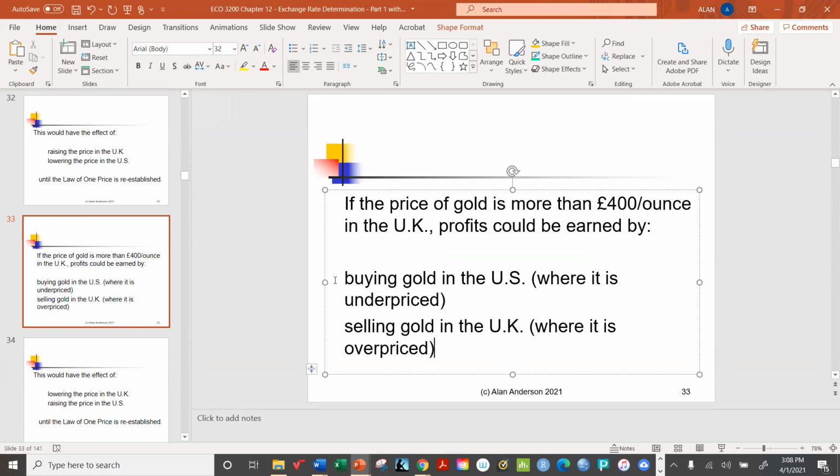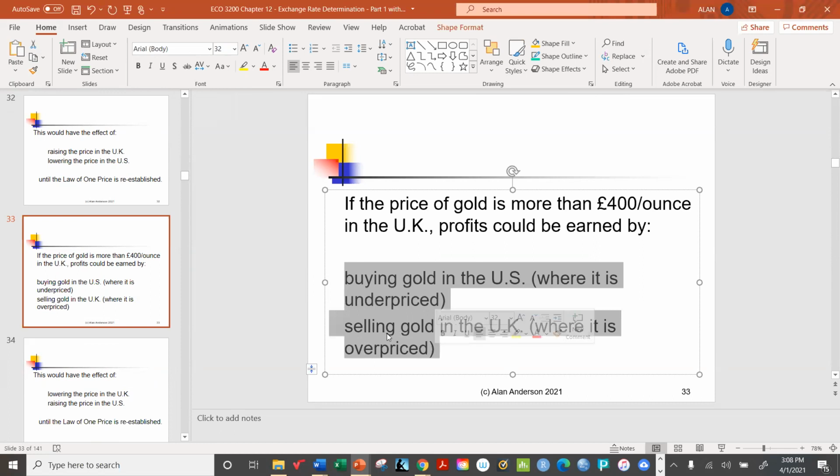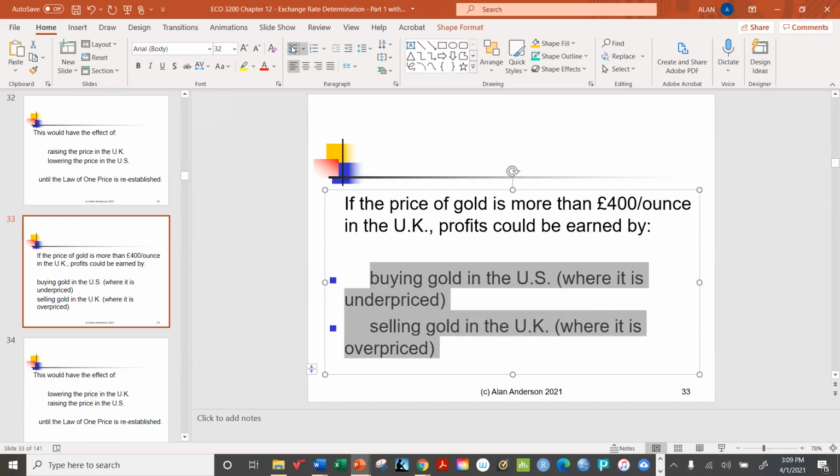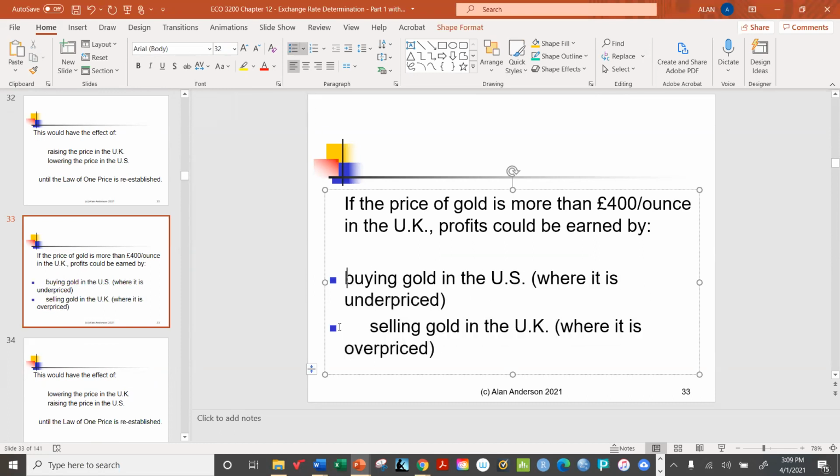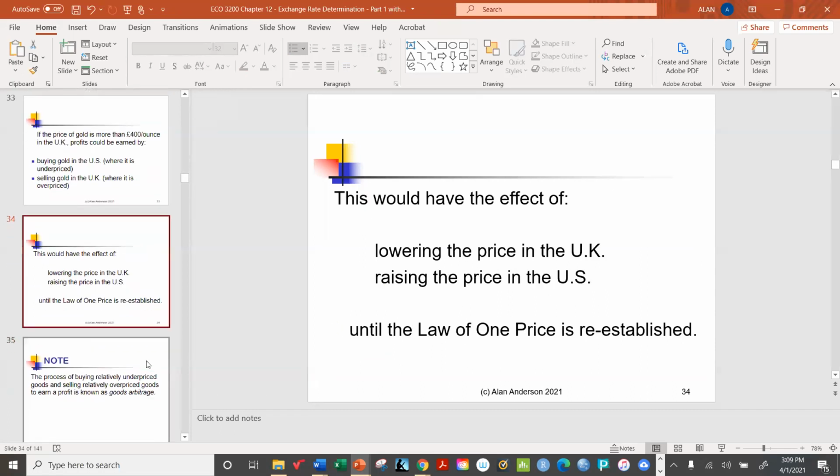And again, this is the basic logic behind all arbitrage opportunities. But in the process, look what happens. When we buy it in the US, that pushes up the price. When we sell gold in the UK, that pushes down the price. And guess what's going to happen fairly quickly? The two will be equal and the law of one price is holding again.